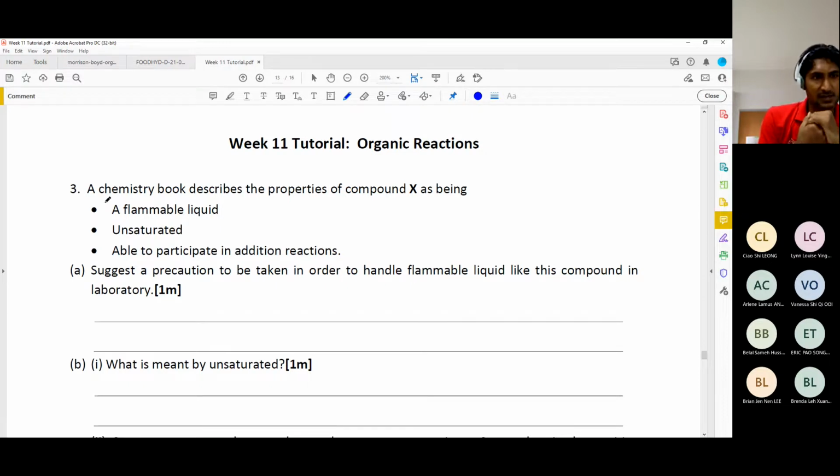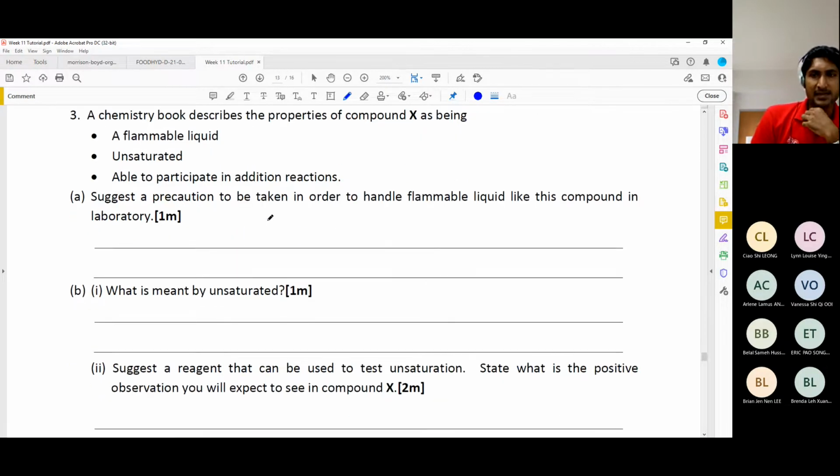Question 3 says a chemistry book describes the properties of compound X as being a flammable liquid, unsaturated, able to participate in addition reaction. Suggest a precaution to be taken in order to handle a flammable liquid like this compound in the laboratory.